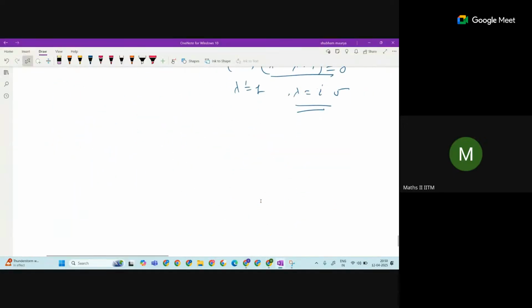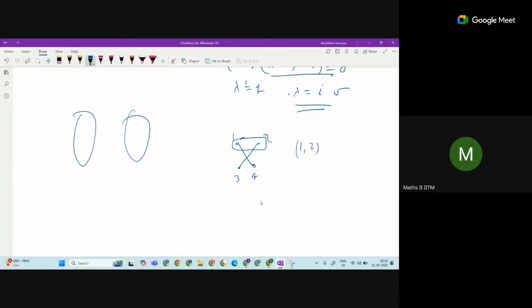It is a graph which you can divide into 2 parts. Suppose I have this graph. This graph is a bipartite graph. See, let's say these vertices are 1, 2, 3, 4. If I take a subset of vertices, 1 and 2, and take another set, 3 and 4, there is no edge within each of these two sets, but there are edges between the sets.